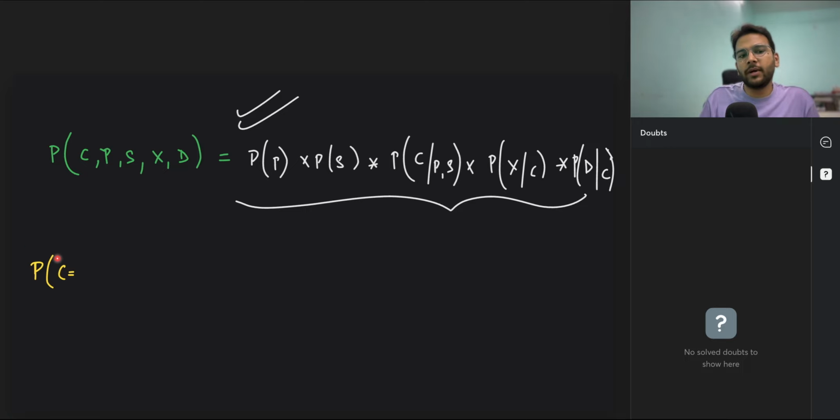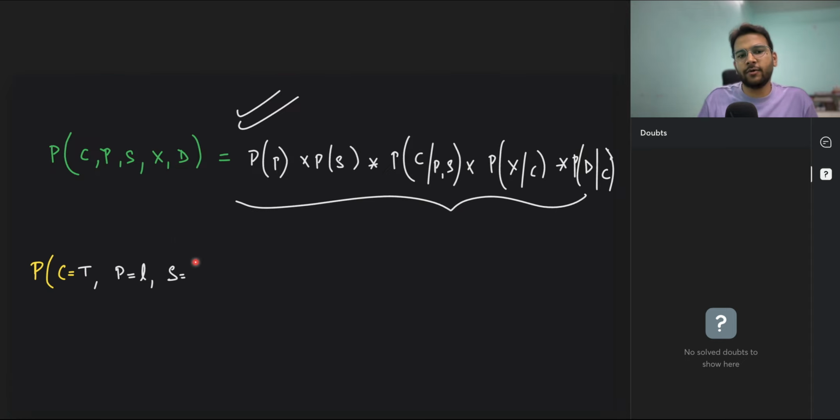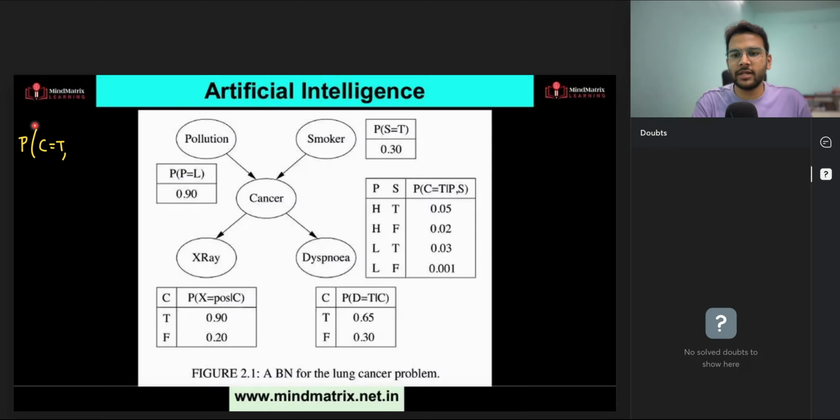So what is the probability that cancer is true, pollution is low, smoker is, let's say, false, X-ray is negative, and dyspnoea, that is one of the symptoms, is true? Can you answer this? Just write this expression in your notebook, and then I'm going to show you these tables.